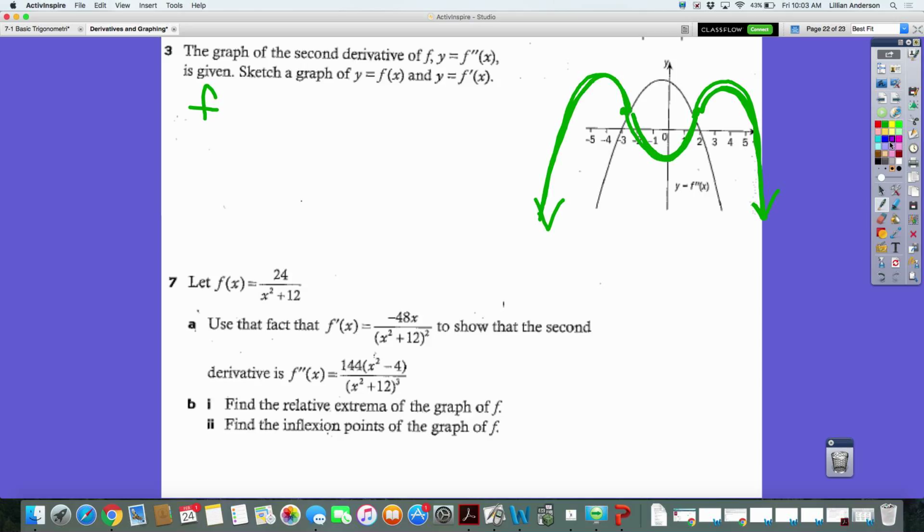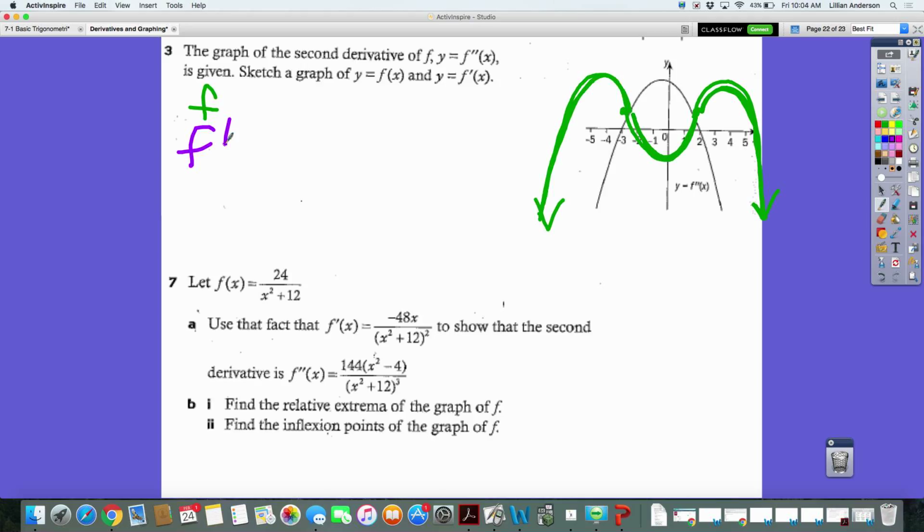Now on our derivative, if we use the second derivative to help us, and we want to use what we're basically given. That's why I'm always referring back to what's given to us. So since this is the second derivative, I'm going to treat that basically like the derivative of the first, which it essentially is. Which means that wherever there's an x-intercept, that means there's going to be an extrema on the function before it.